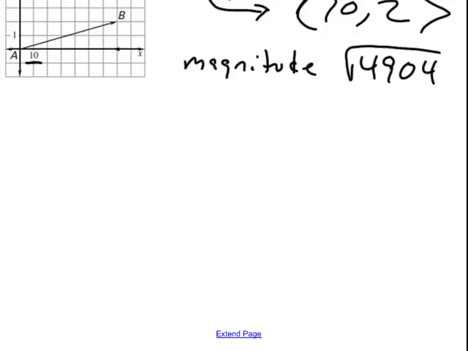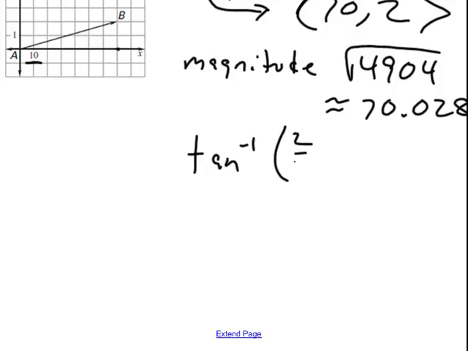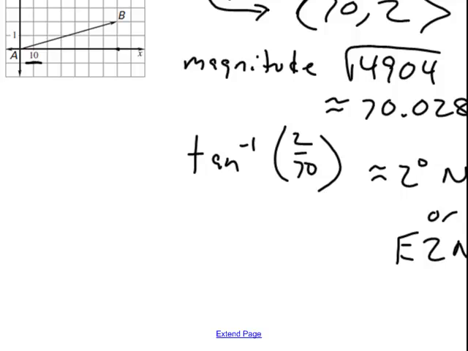It's just the Pythagorean theorem. That's approximately equal to 70.028. The direction is going to be the tangent inverse of 2 over 70, which is going to be approximately 2 degrees north of east. Or you could also call that east 2 north.